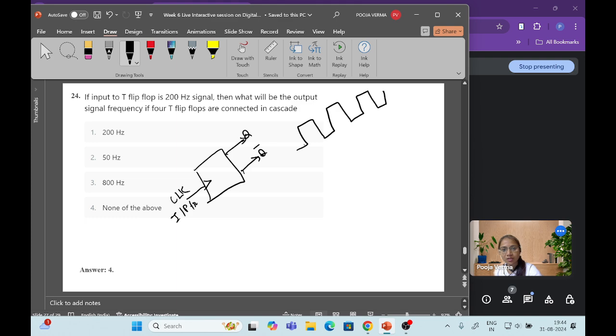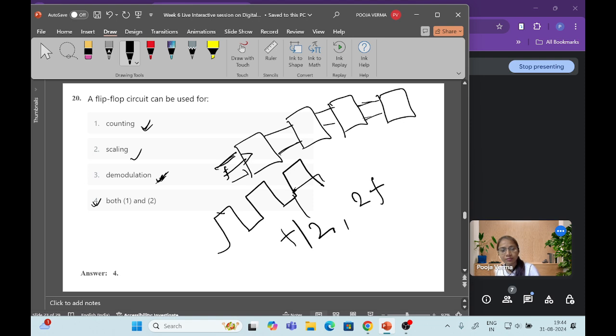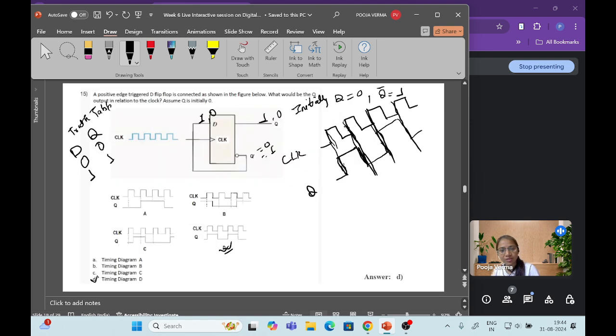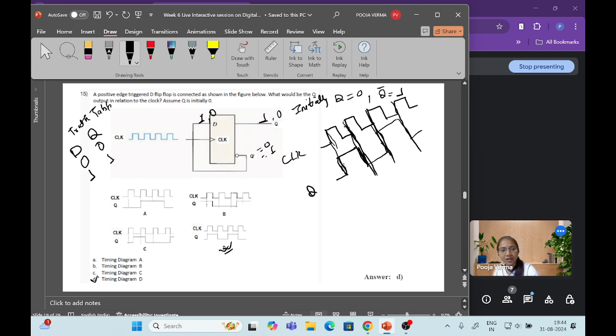The input is a clock pulse having 200 hertz frequency, and in one of the previous questions we have seen what the output will be. For one output cycle, the clock signal has two cycles. So the output is f by 2.